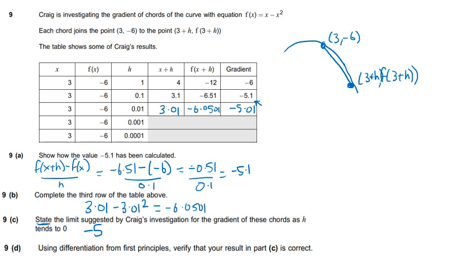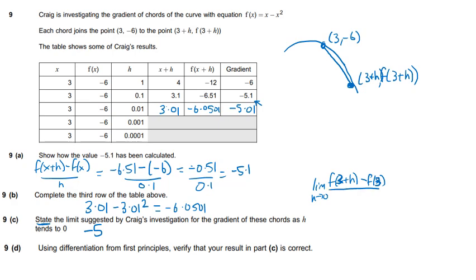And then last bit, using differentiation from first principles, verify that that is correct. Okay, so first principles, we'd say that the gradient is the limit as h goes to 0 of f of x plus h minus f of x. We know x is 3, so put that in.